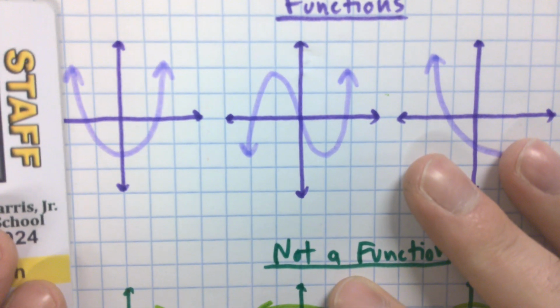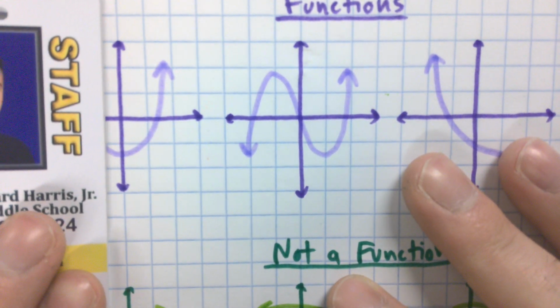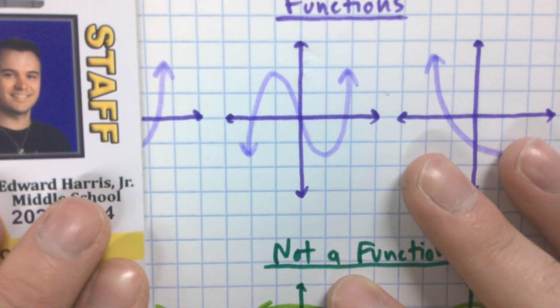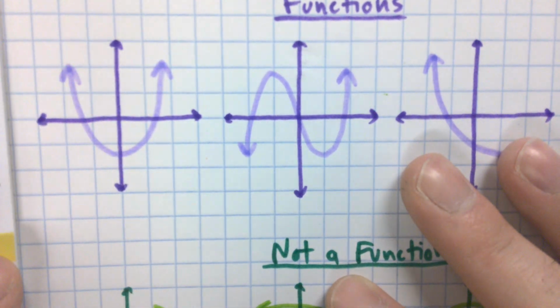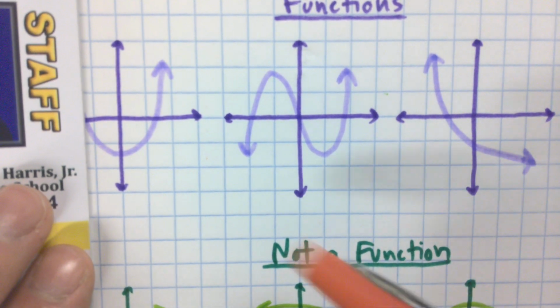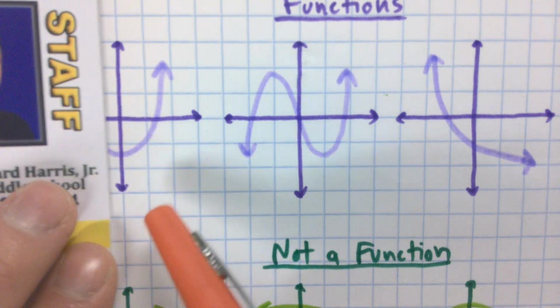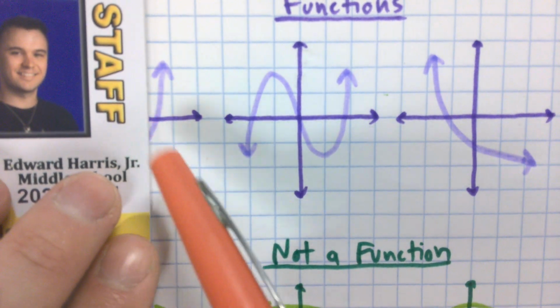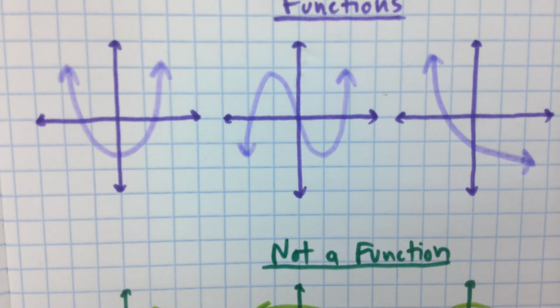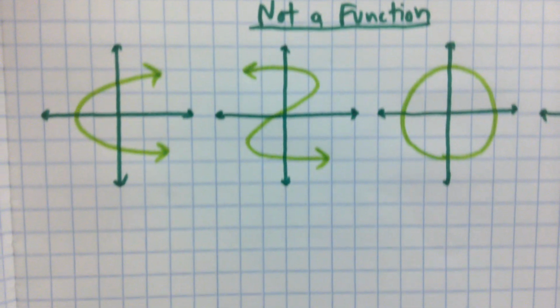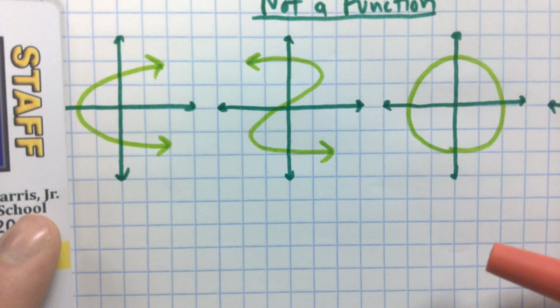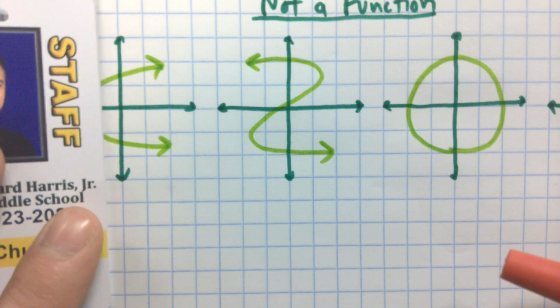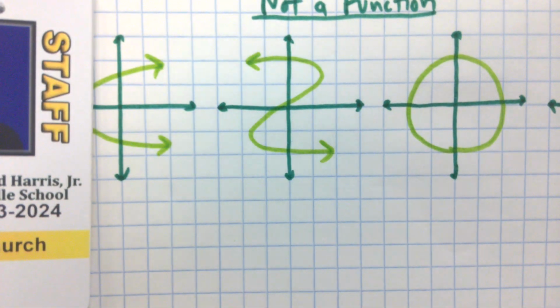If we start off with this first parabola, are there any points where we have two of the same point stacked on top of each other? No. We can go across this entire parabola. There's only one point on the line each time. If we go down to this green parabola, though, we start on the left and drag it to the right. Oh, look at that.